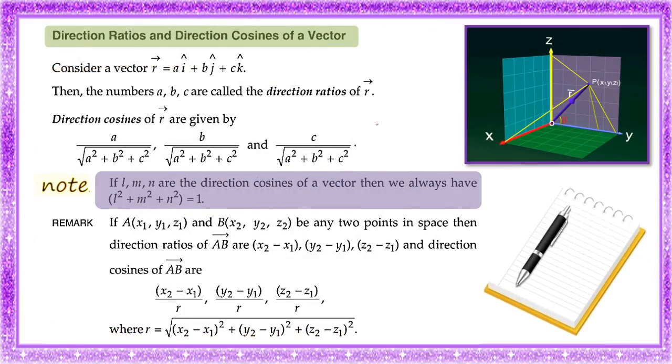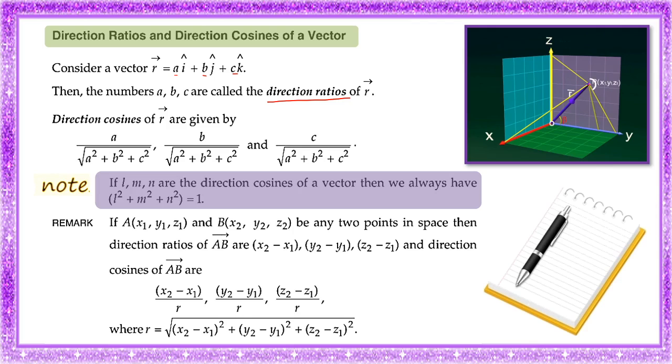Now we have direction ratios and direction cosines of a vector. Consider a vector r, which is a i cap plus b j cap plus c k cap. Now the numbers a, b and c, these three numbers, are called direction ratios of r. And direction cosines, what do we mean by direction cosines?